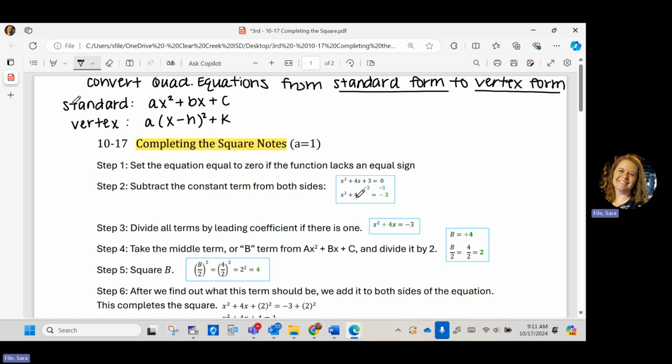To do that, today we're going to focus on when a is 1. So a is an understood 1. There's not a coefficient out here that we have to worry about. So it's going to be pretty straightforward for this process.